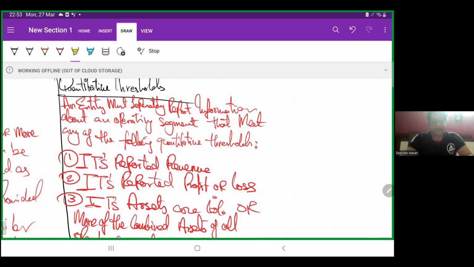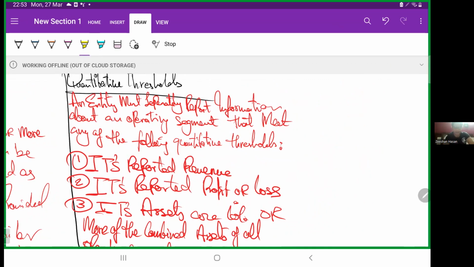Number one, its reported revenue, including both sales to external customers and internal segment sales, is 10% or more of the combined revenue of all operating segments.